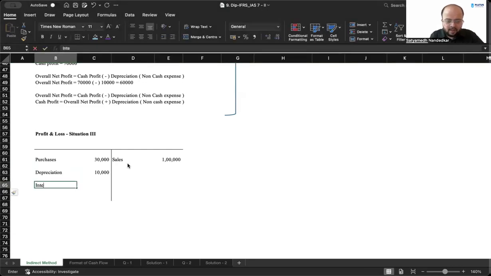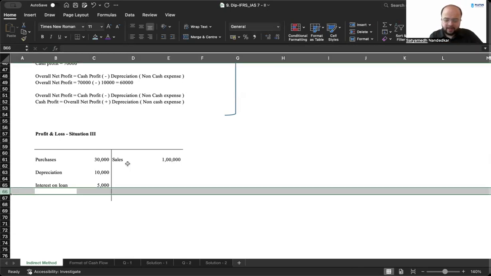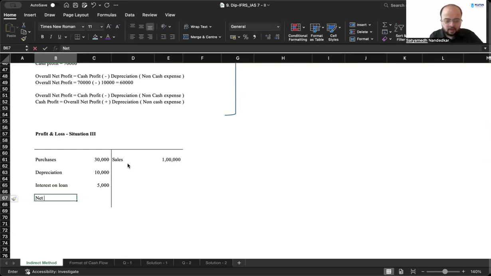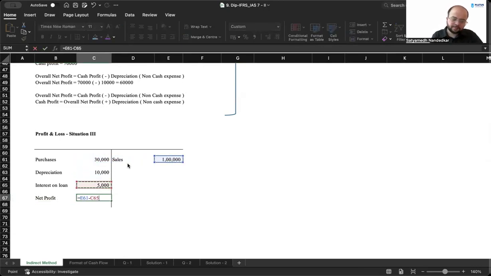After that, you have interest on loan, 5,000. And then you have net profit. Net profit is 1 lakh minus 30,000 minus 10,000 minus 5,000.